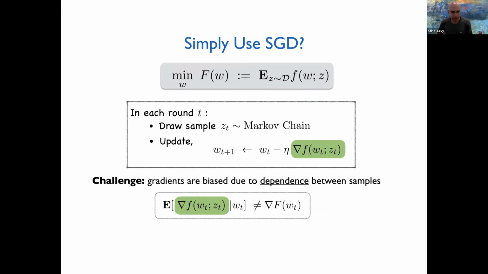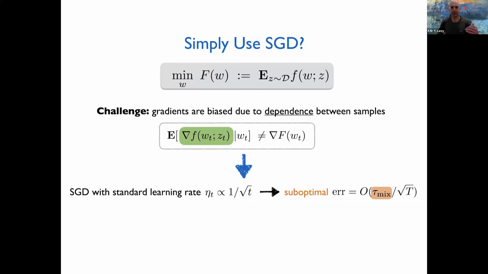And due to this challenge, if we apply the standard version of SGD to this problem, then we surprisingly get guarantees for generalization error, but these guarantees are suboptimal.